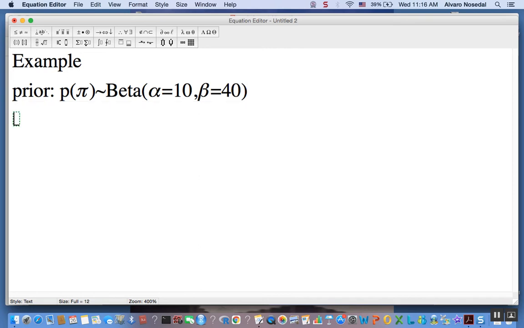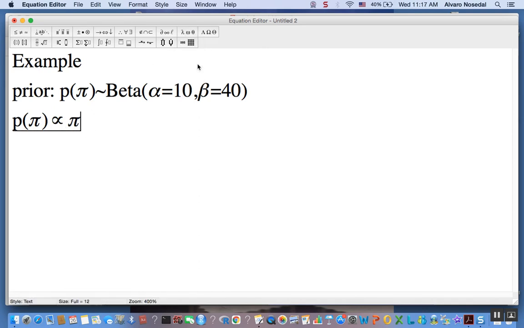We know that the kernel, that means the expression of the PDF ignoring the constant that makes the area underneath the probability density curve equal to 1, looks something like this.